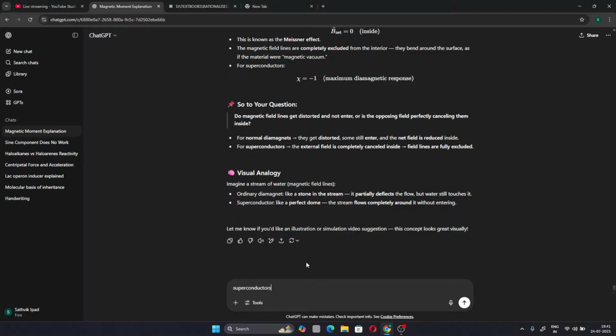Superconductors, which have zero resistance due to lack of collisions between electrons, how can they act as perfect diamagnets?